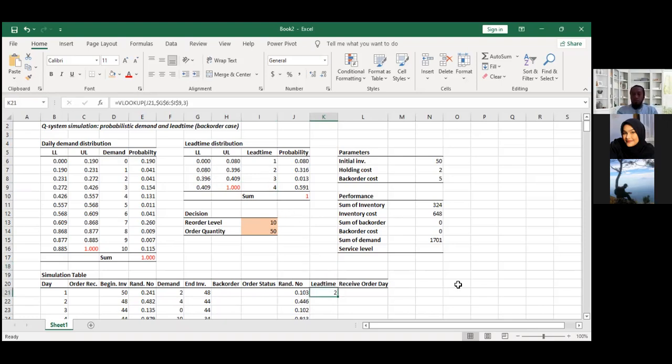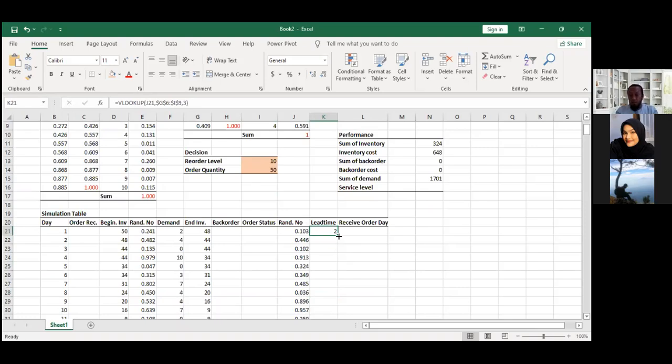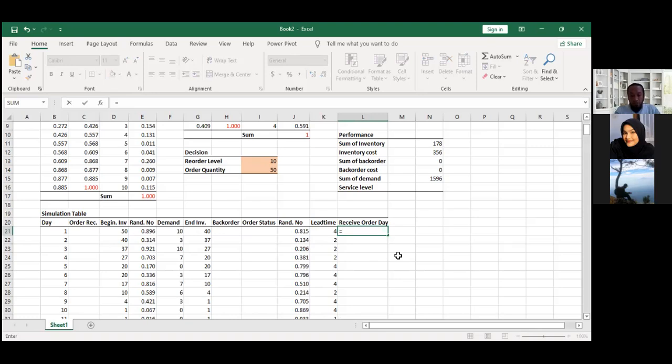So after we make sure the result is correct, then we can copy down. Okay, so done. And then order status. Before that, we need to calculate the receive order day. If the order status equals yes, we order.